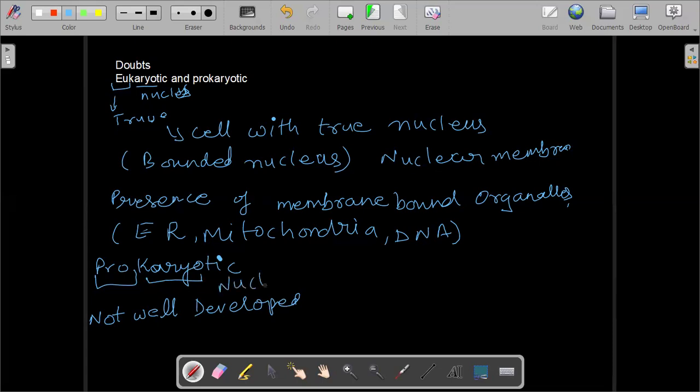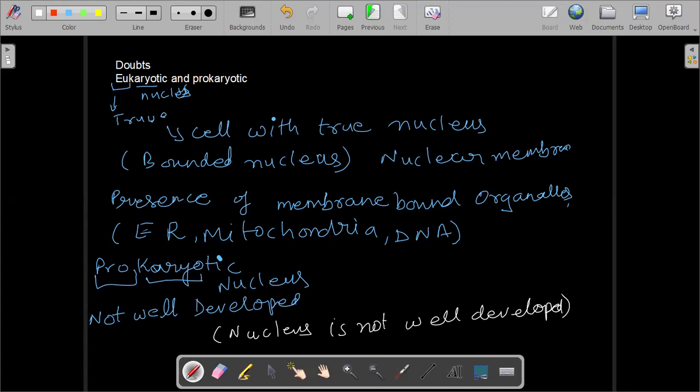So when the nucleus is not well developed, that means the nucleus does not have a nuclear boundary or nuclear membrane around it. We call such a cell a prokaryotic cell. The nucleus is not well developed in a prokaryotic cell.